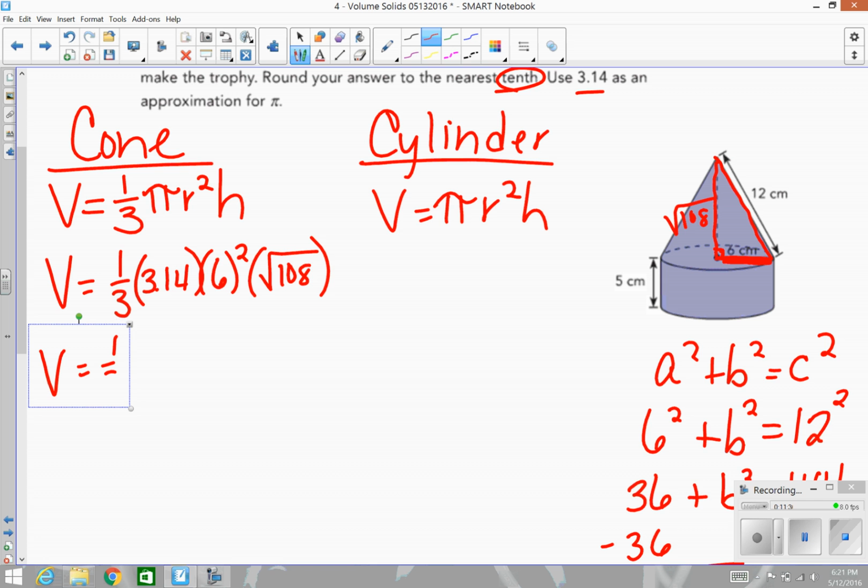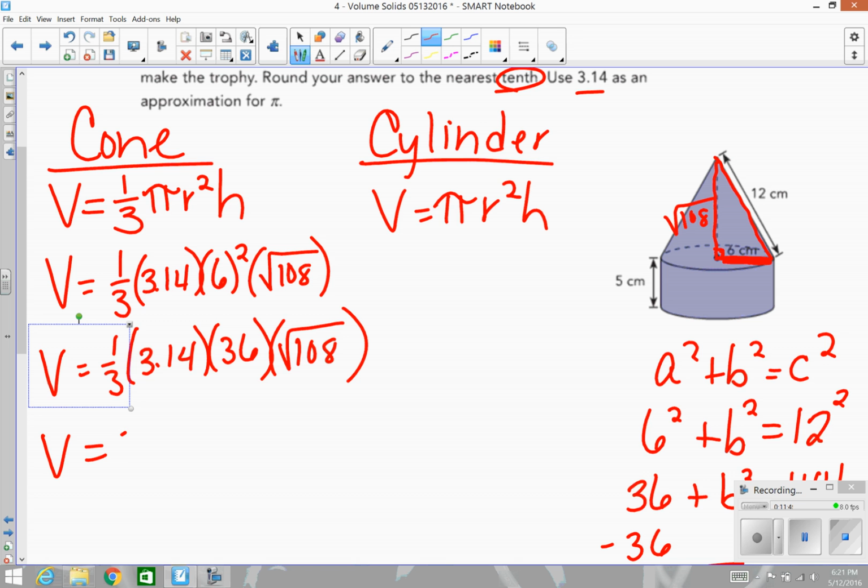Sometimes I like to break it down, and acknowledge that 6 squared is 36 times the square root of 108. Go ahead and multiply, and we round to the nearest tenth. We should be getting 391.6 centimeters cubed.